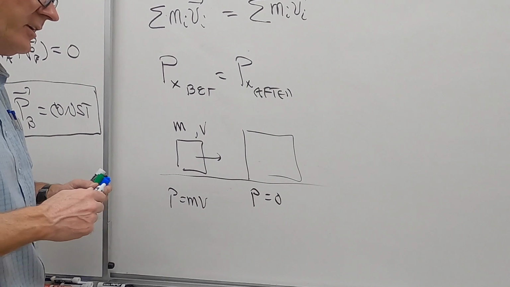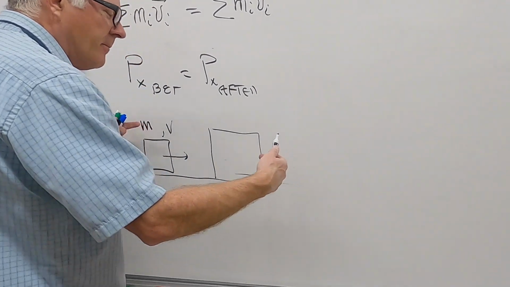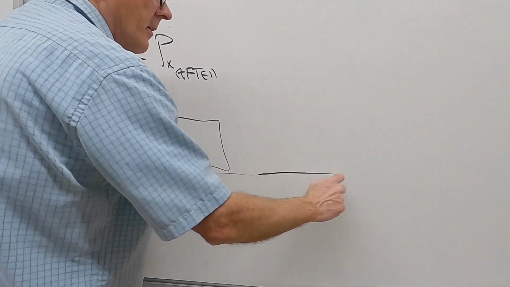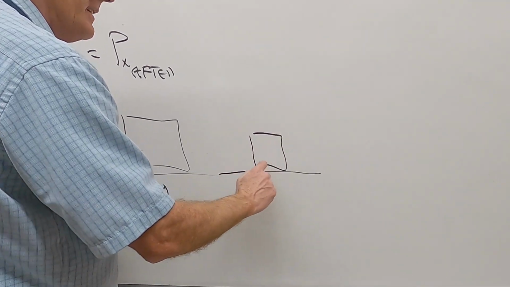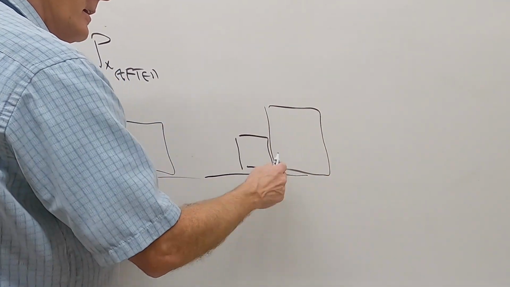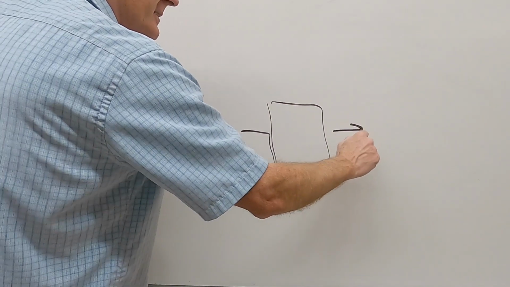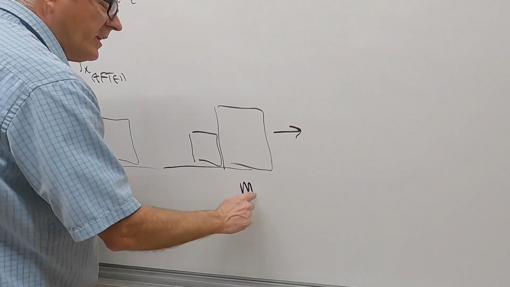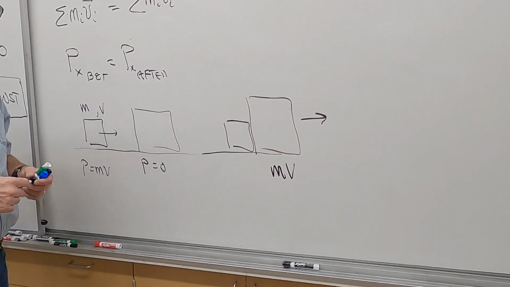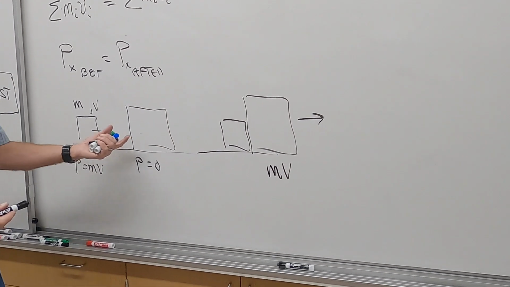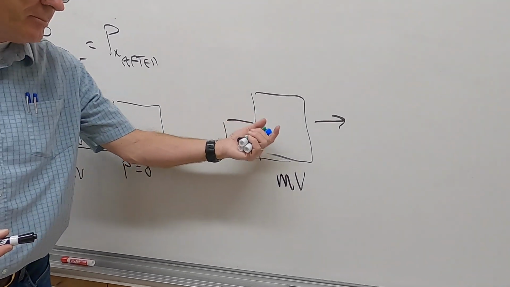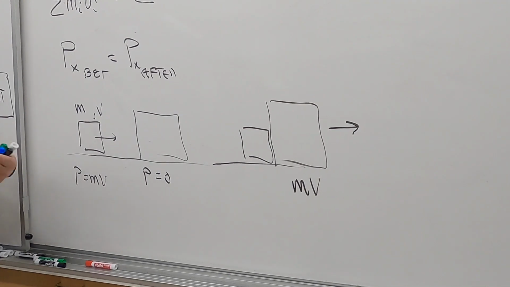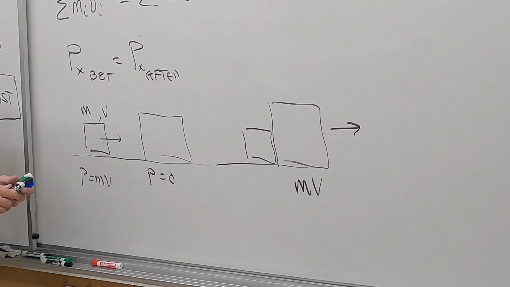It will be mv. It doesn't matter if they stick or bounce off, but let's say they stick. If they stick, then together this thing will have a momentum which is the same as it was before, mv. Well, when this thing collides, the mass gets bigger. If the momentum stays the same, and the mass gets bigger, the velocity's got to get smaller.